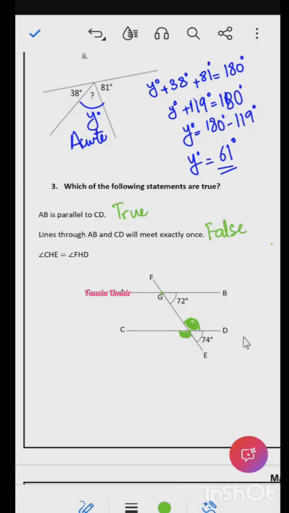Yes, ma'am. Why? They are vertical, because two lines are intersecting each other, and when they intersect they make vertical angles. That's right. So they are vertically opposite angles, and that's why this is true. Very good.